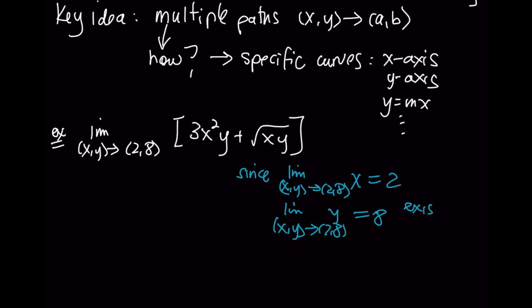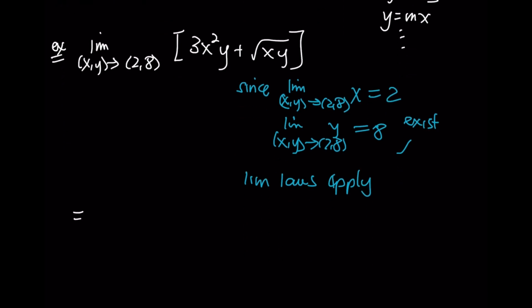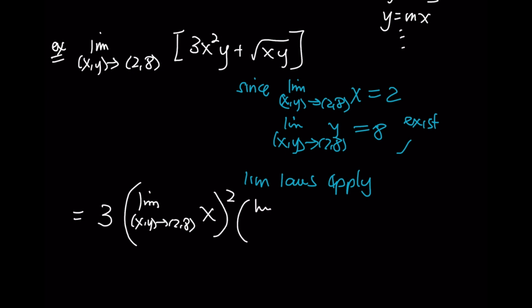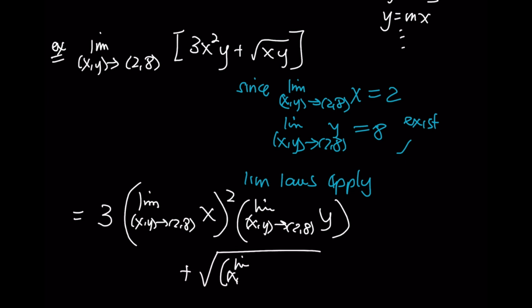And because the limit laws apply, we are just going to apply them. We are going to have the limit of x squared times the limit of y here plus the square root of the product here.